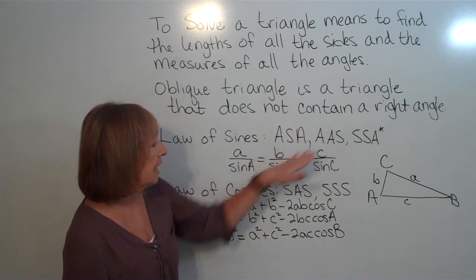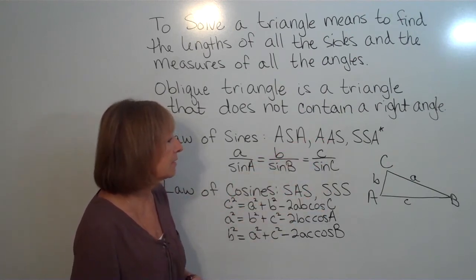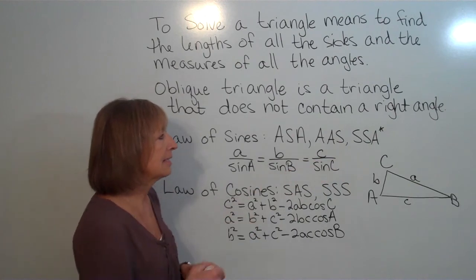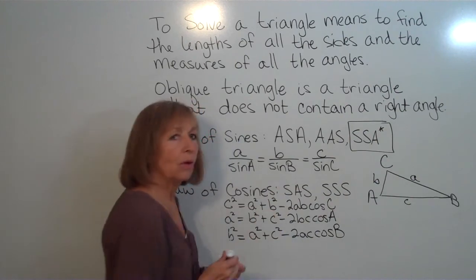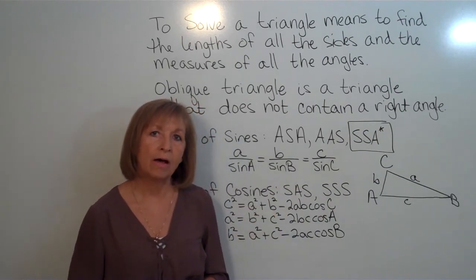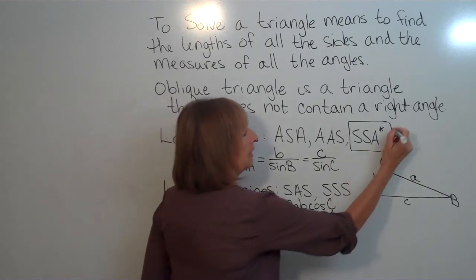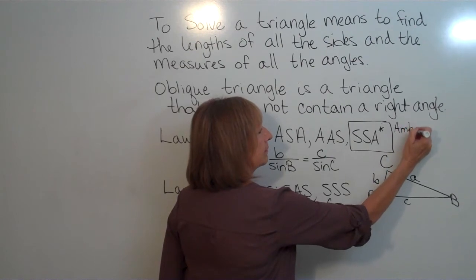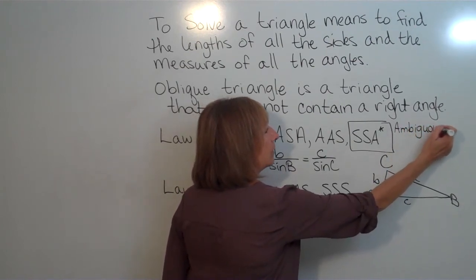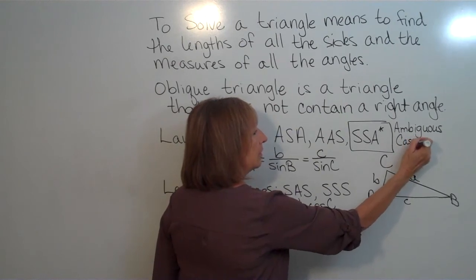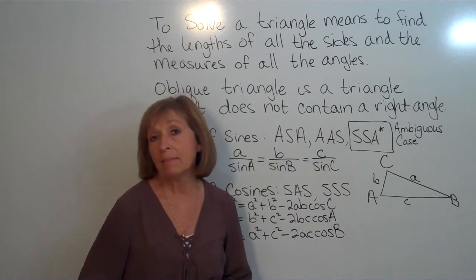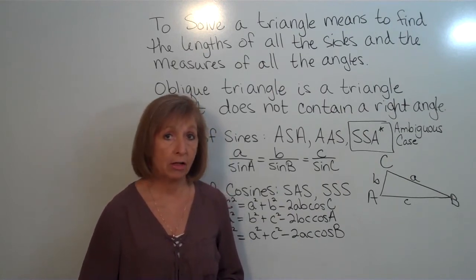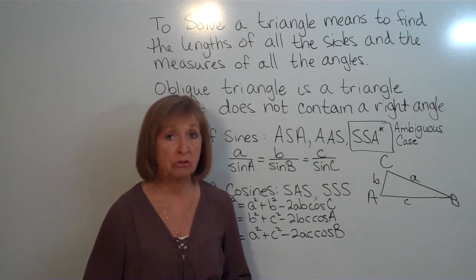All right, so those will give you a specific set of information. Now, this side, side, angle case I've asterisked because while I will use the law of sines in that case, it's actually something called the ambiguous case. The ambiguous case is where maybe I have a triangle, maybe I don't, maybe I have 1 triangle, maybe I have 2 triangles.